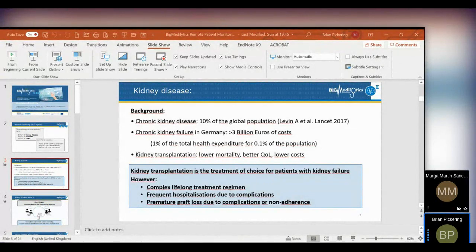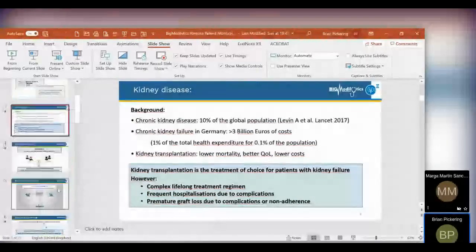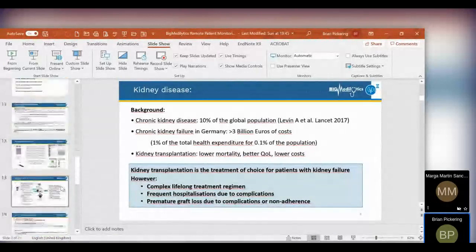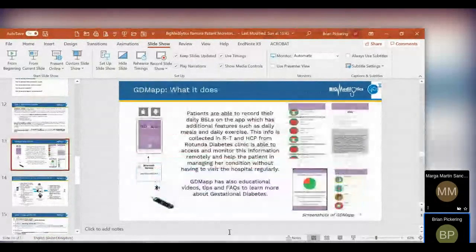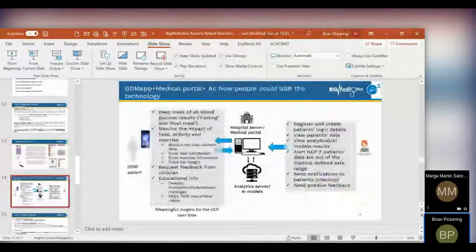Is there anything that you wanted to add, Marga? Because I was interested, I think it's pretty much the same architecture.